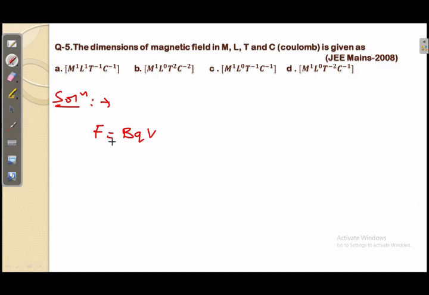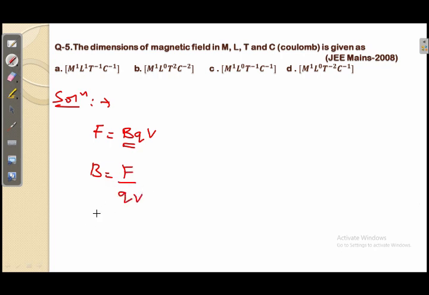This formula indicates the force experienced by a charged particle whenever it is moving in the magnetic field with a certain velocity v. Here B is nothing but the magnetic field, so this formula contains the magnetic field term. B is equal to, rearranging the equation, F divided by Q into V.